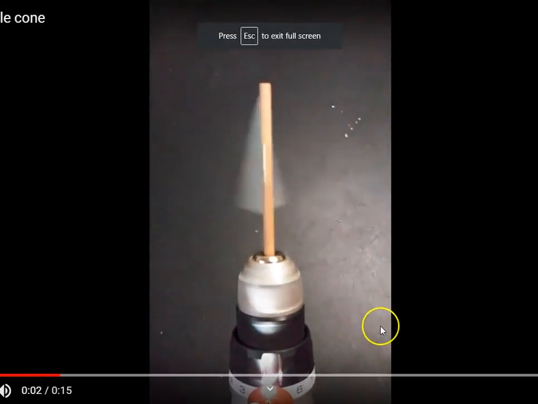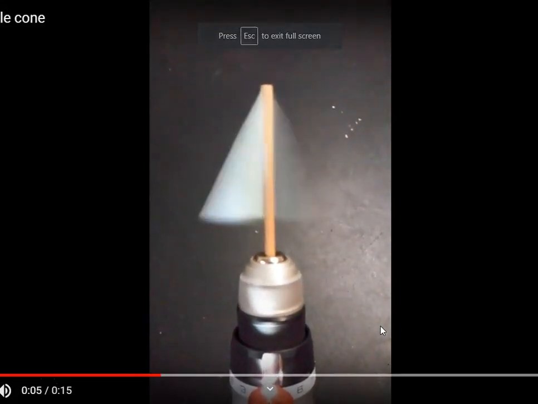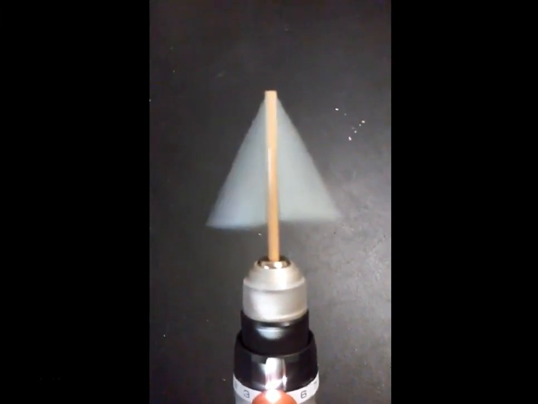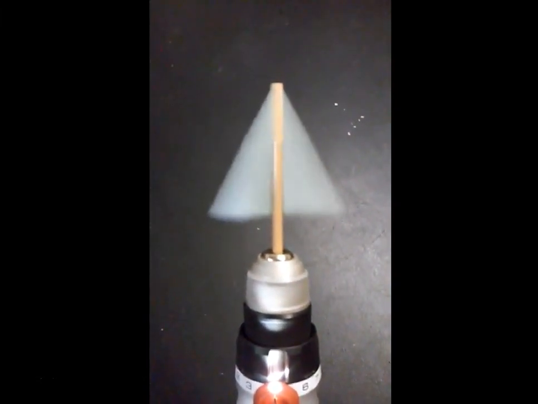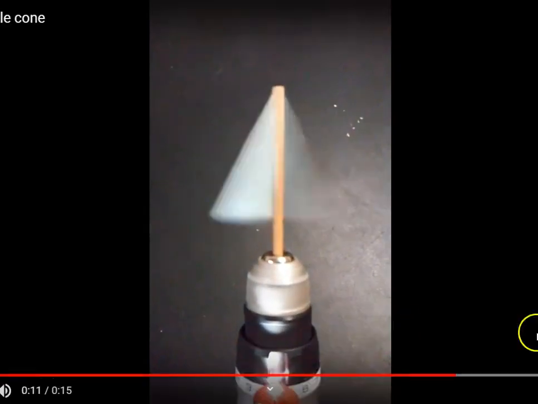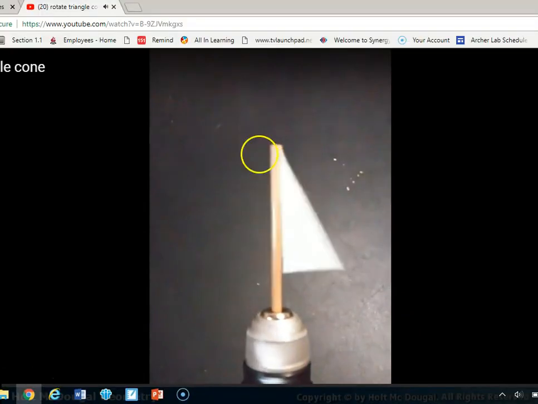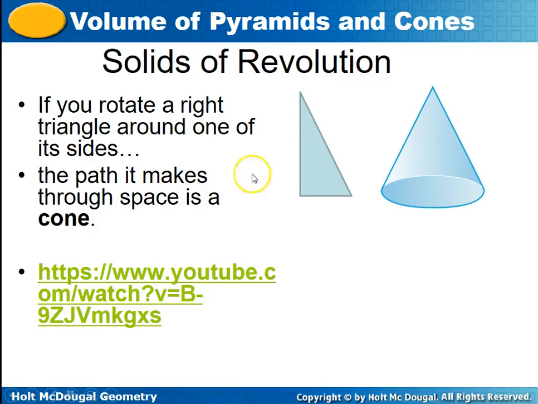And y'all can watch here as we can now see that this is a cone. So that was an illustration of a right triangle being spun around 360 degrees and it creating the shape of a cone.